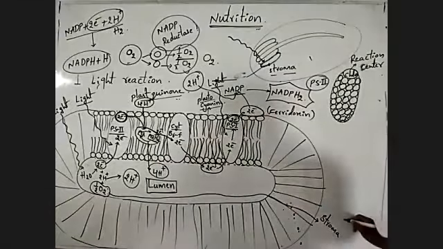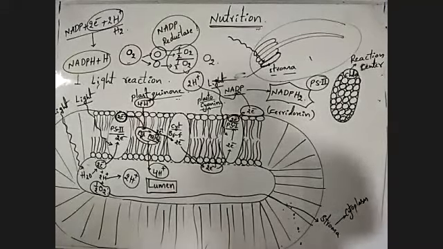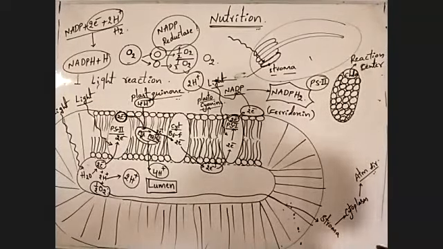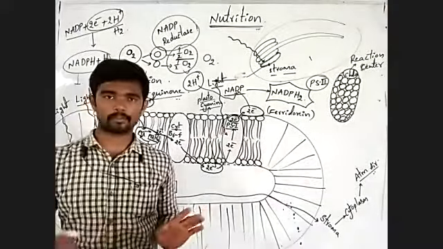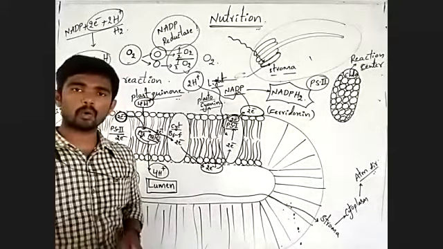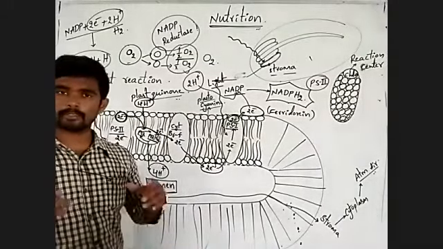From stroma, it is diffused into the cytoplasm. From cytoplasm, it is diffused into the atmospheric air. Because oxygen is not used in the photosynthesis process, that is why oxygen is diffused out of the cell, or out of the entire plant.